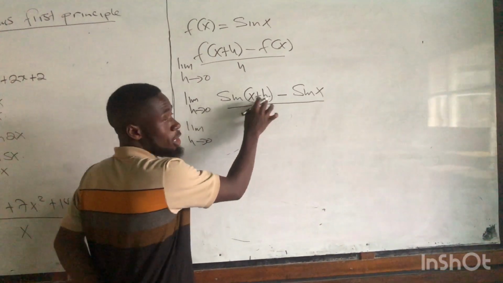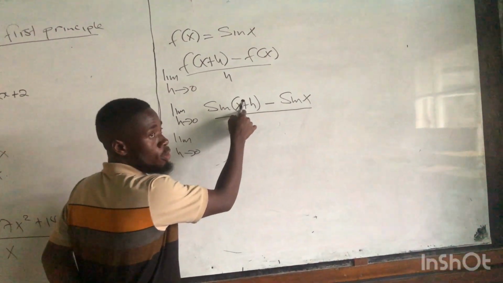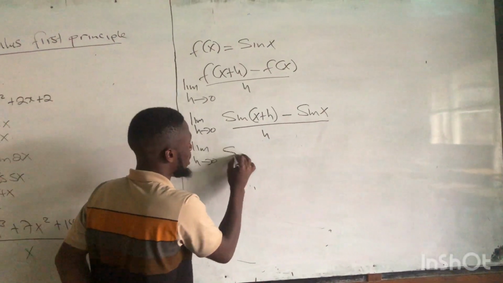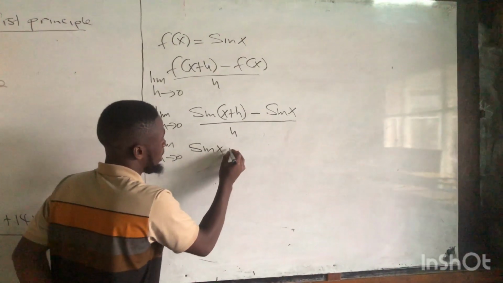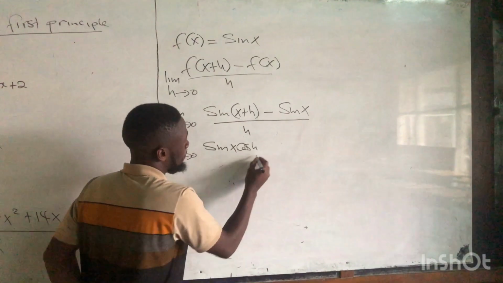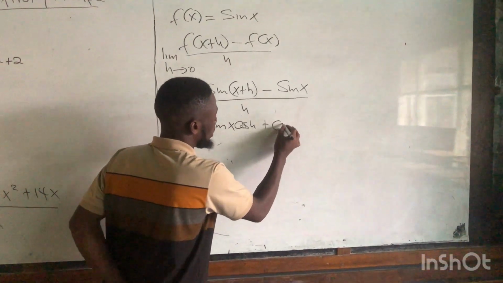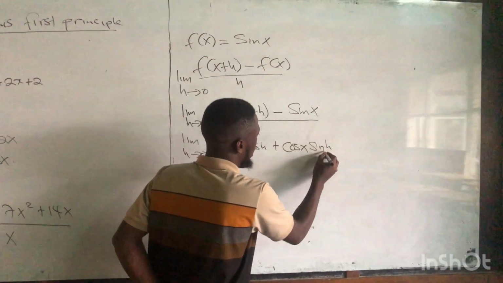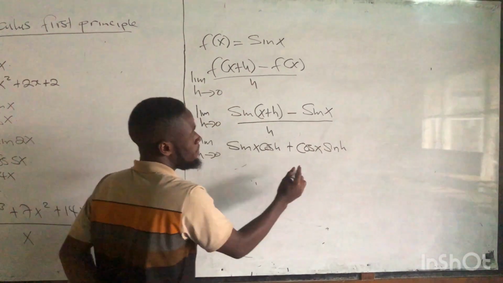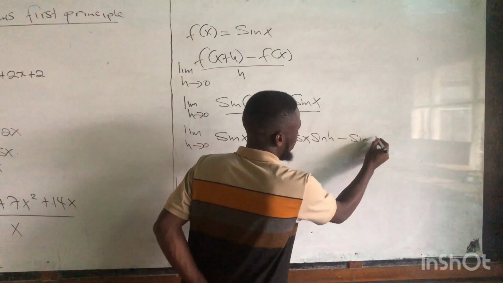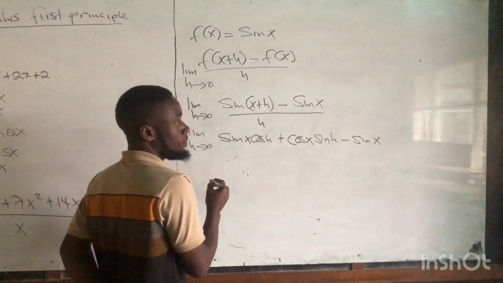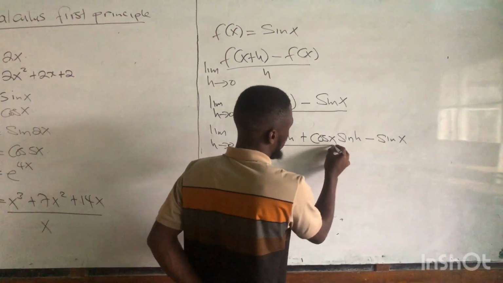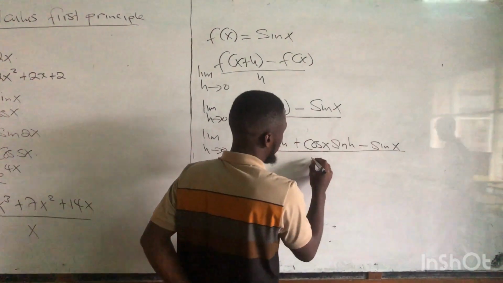So we know this formula. Using the double angle formula, this will give us sine x cos h plus cos x sine h. So this entire thing will give us this minus sine x, over h.